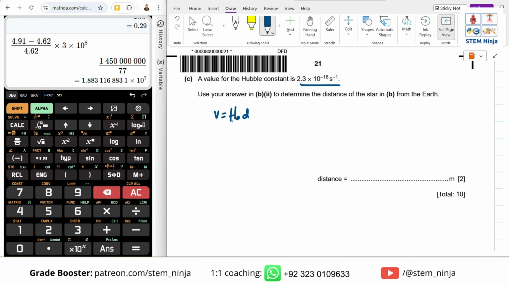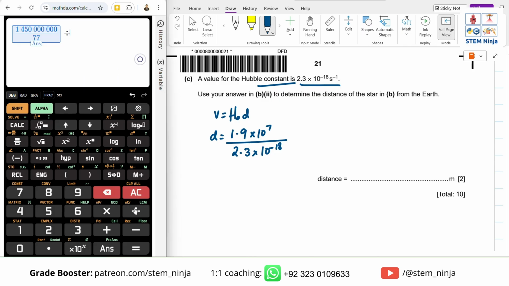This is Hubble's law, and this is Hubble's constant, H naught. v we have already figured out, so d would be the velocity, 1.9 × 10^7, divided by the H naught value, 2.3 × 10^-18.